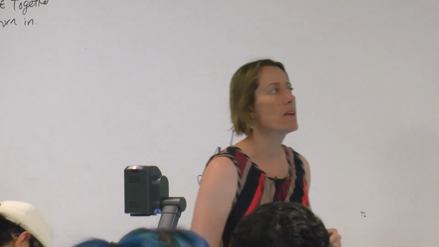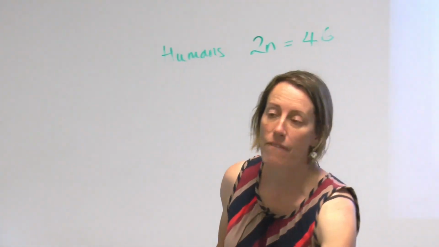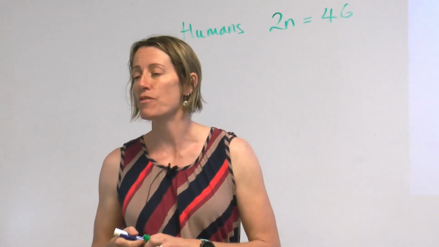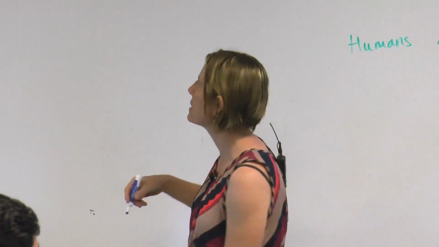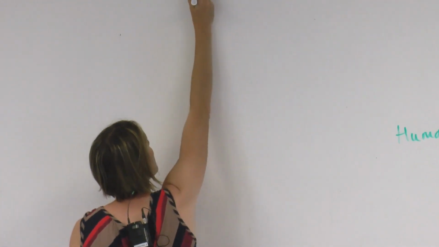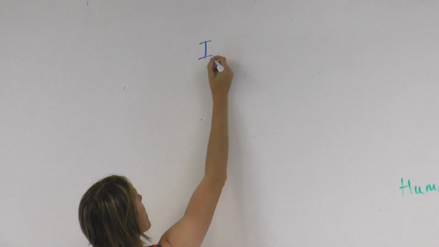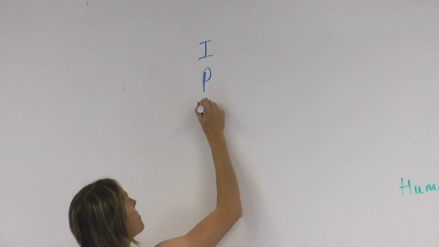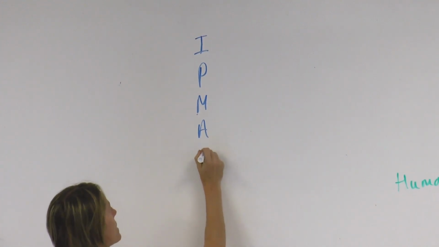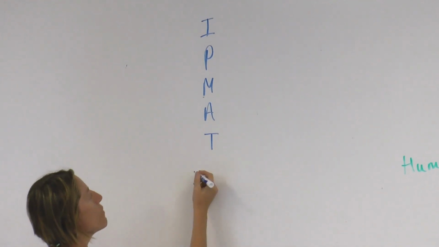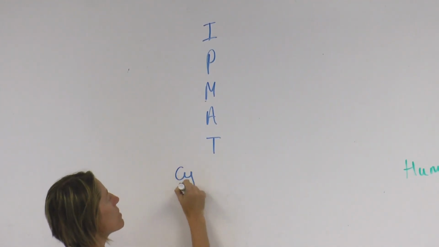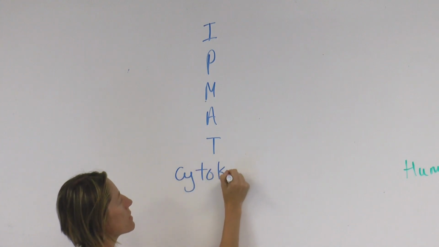The stages of meiosis, just to confuse you, have the same names as the stages of mitosis, which isn't very helpful, but it is what it is. The stages are called interphase, and then we have prophase, metaphase, anaphase, and telophase, just like we had in mitosis, followed by cytokinesis, so that cell divides.